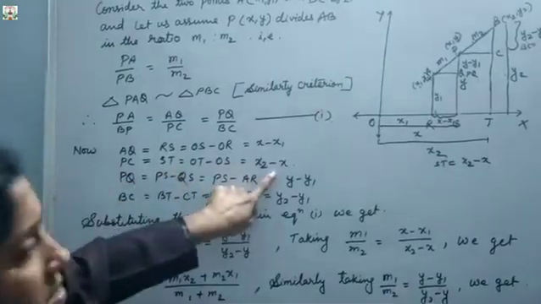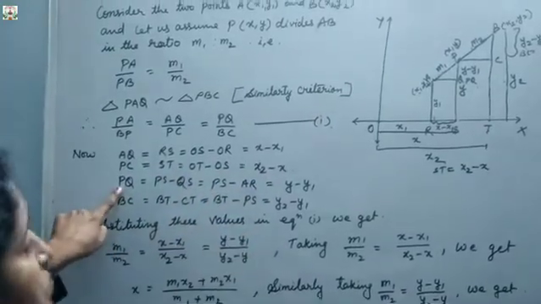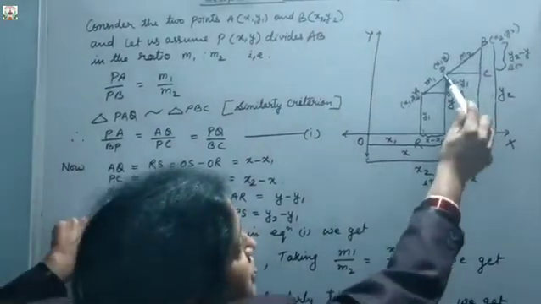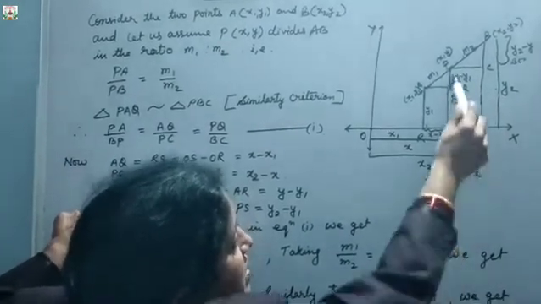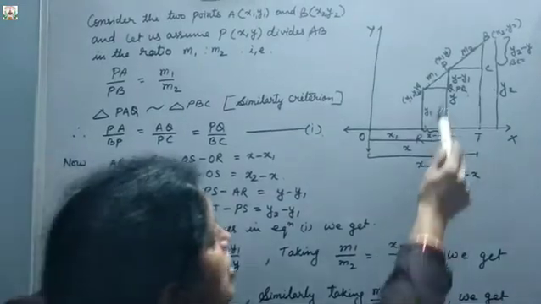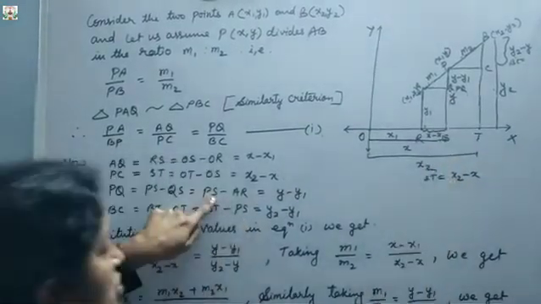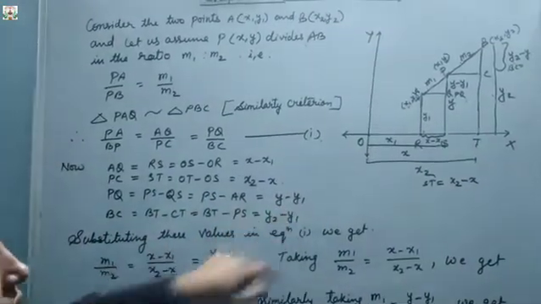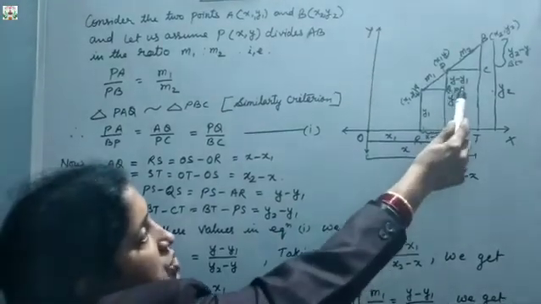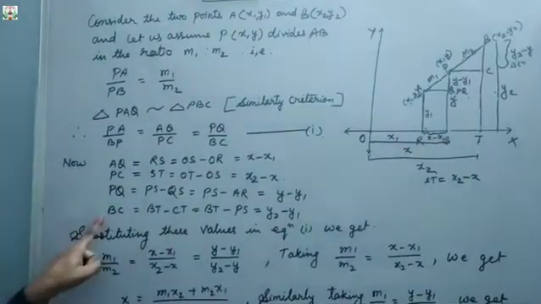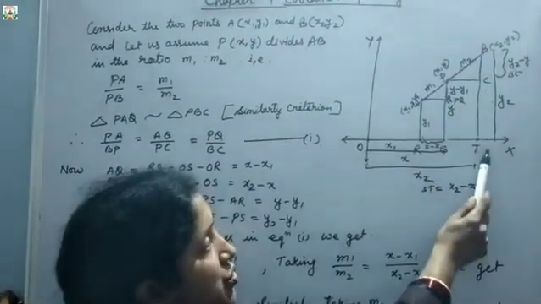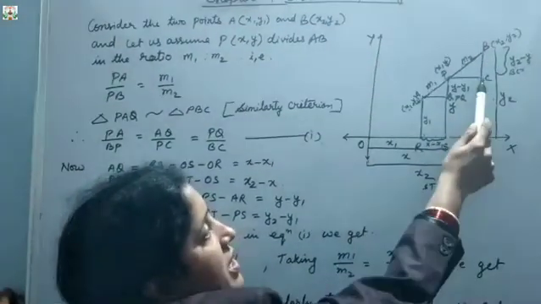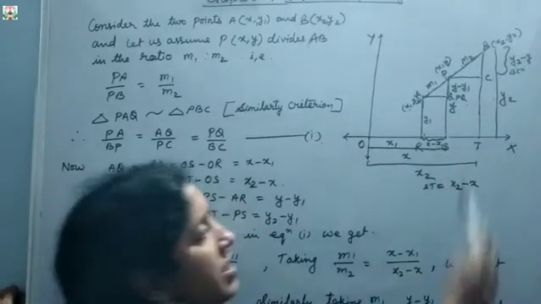Same way PQ, this height, will be the total distance PS minus QS, that is y minus y1. Same way BC will be the total distance y2 minus y. Got it?